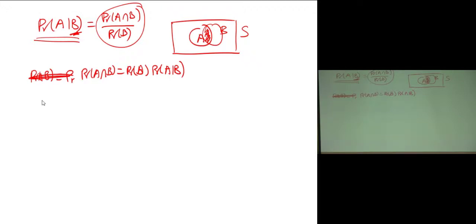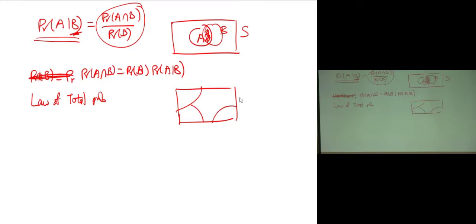All right. And there's another useful idea. It's called the law of total probability. What does it mean? It simply means that I partition S into parts. I call these parts Bi, so the Bi are a partition of S. Then if I look at the chance of A, I look at A common to B1, A common to B2, and so on.